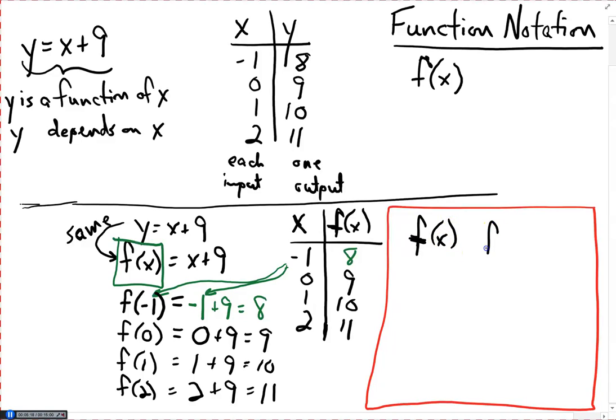That must mean f times x, as though the letter f stood for some variable the way that the letter x stands for a variable. But this is not correct. f of x does not mean f times x. We're not doing multiplication. Function notation does not mean multiplication. What it means, as we've just seen, is substitution.